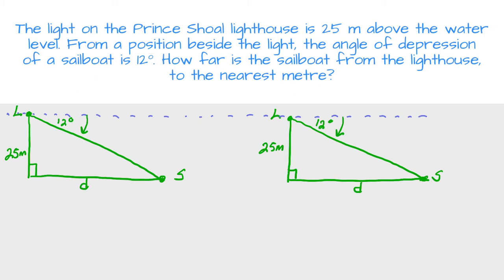We know that these 2 angles up here are going to equal 90 degrees. So the one that we're missing is going to be 78. So in my first scenario, I can use tangent. Tangent 78 degrees is equal to my opposite divided by adjacent, solved by cross multiplication.